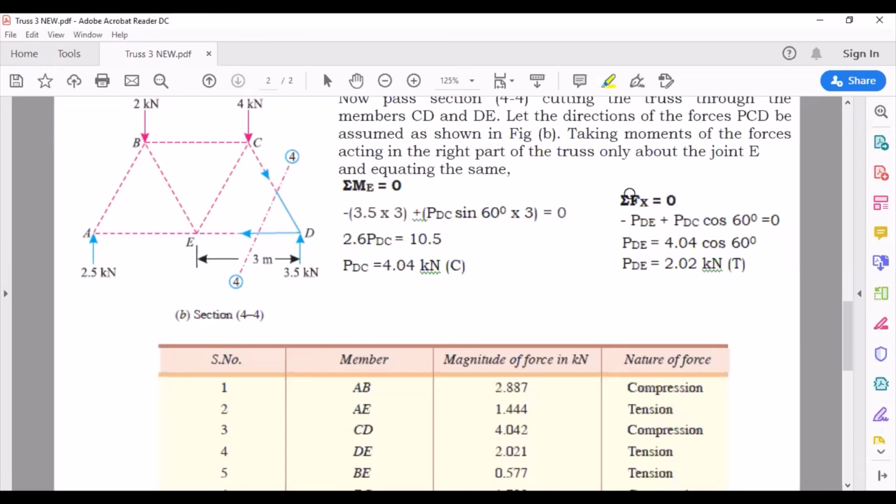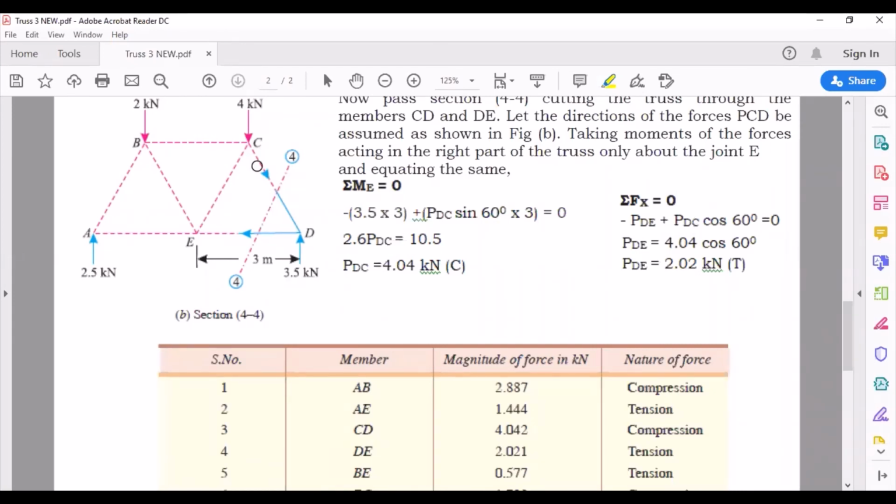Next is sigma Fx, that is all the horizontal forces. So horizontal force one is DE, which is acting to the left, taken with the negative sign, and the next one is the horizontal component of CD. It is PDC cos 60.